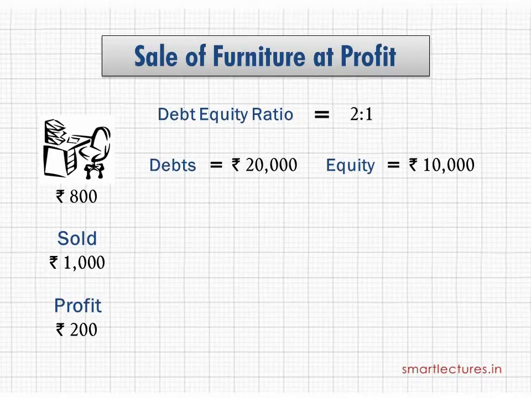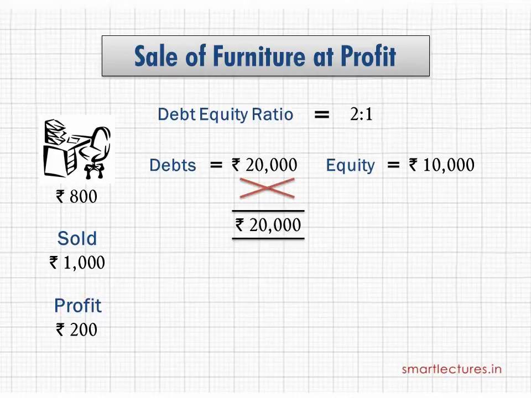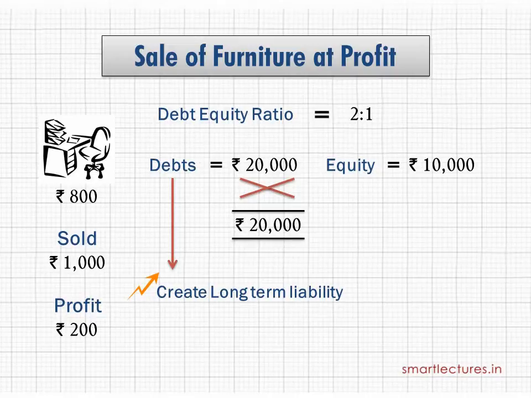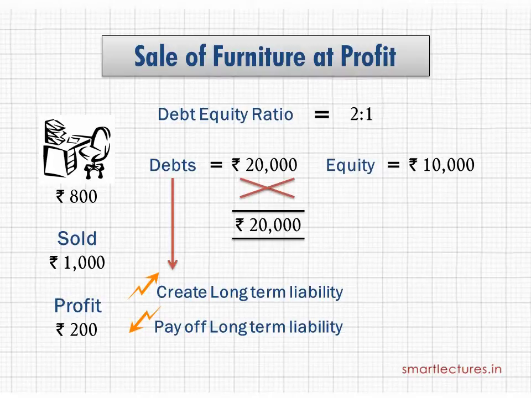So what will happen? It won't affect the debts because debts can be increased if you create some long-term liability. Debts can be decreased if you pay off some long-term liability, but nothing is happening here due to this transaction. But the company has made profit of rupees 200 and the equity will increase by rupees 200.